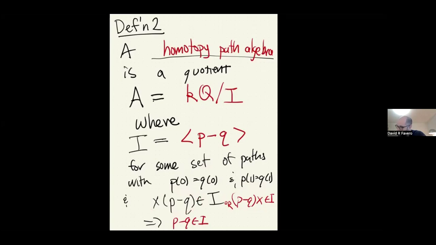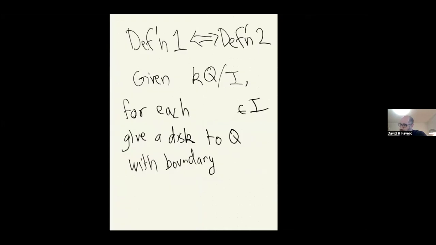So I could start with this and ask myself, are these the same definition? Well, it's not hard to do. If I just give you an abstract algebra like this, how would I build a topological space X?